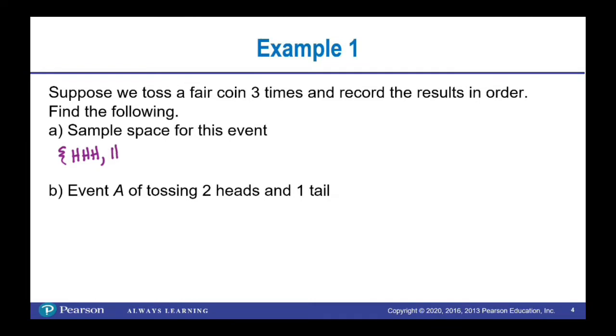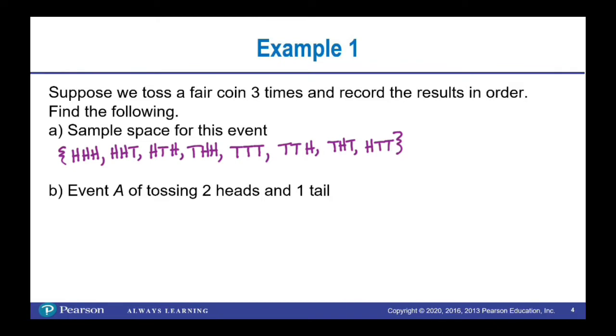Or maybe I toss 2 heads and then a tail. Maybe I toss a head and then a tail and then a head. Or maybe the tail comes first, followed by 2 heads. I could also toss 3 tails. Or maybe I toss 2 tails and a head. Maybe the head's in the middle of the 2 tails. Or maybe the head comes first. And notice here that we have 8 possible outcomes.